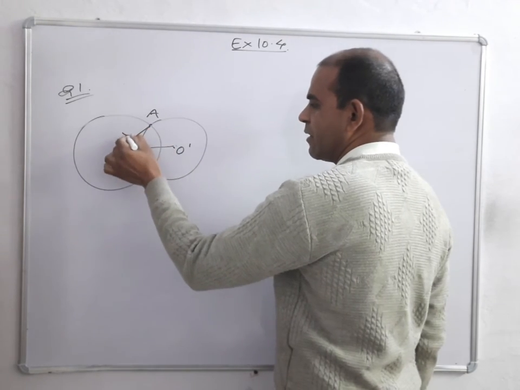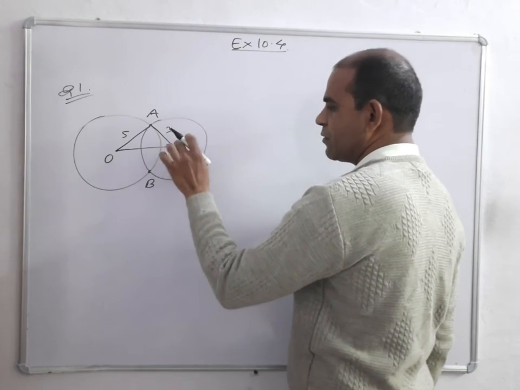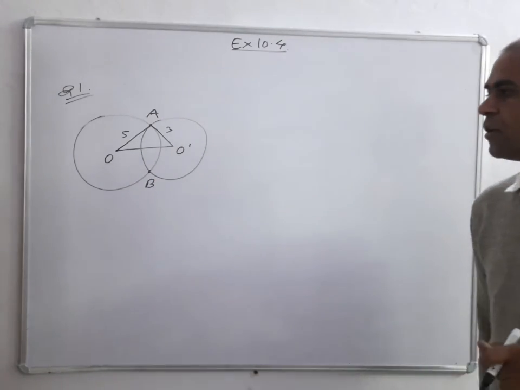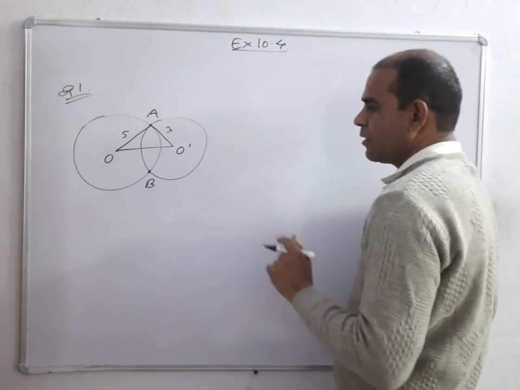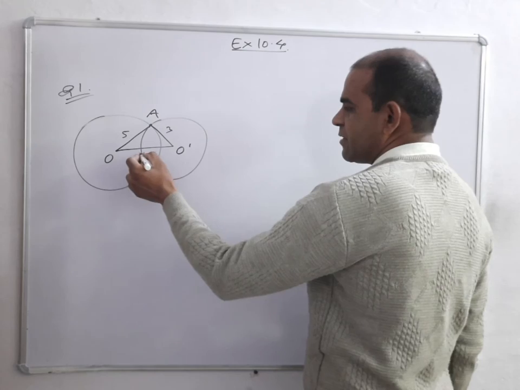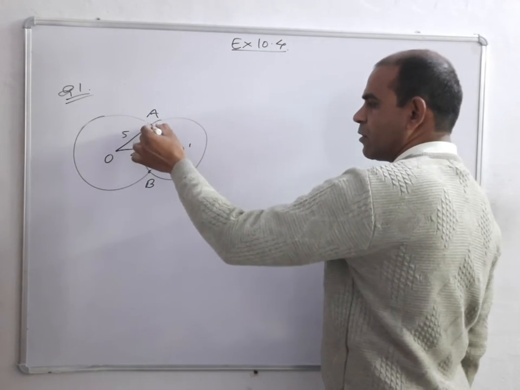This is 5, this is 3 and this is 4. So 5, 3 and 4, it's a right angle triangle. The distance is 4, and we find the length of the common chord AB.